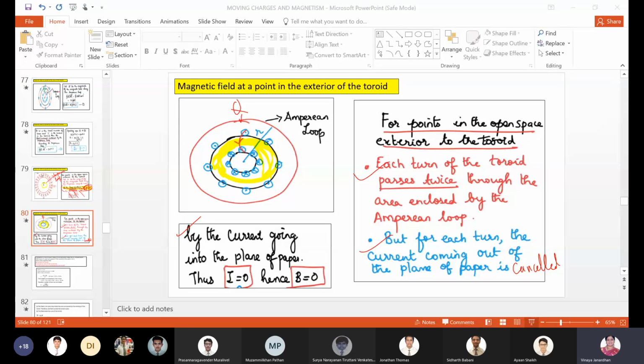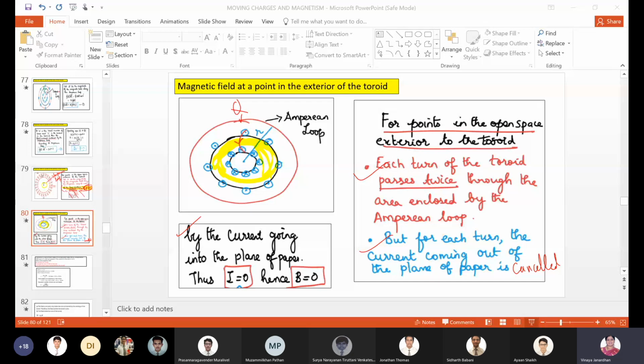Here you can see each turn of the toroid, meaning the turns of the insulated copper wire, passes twice. Passes twice means what? Imagine you're looking at the cross-sectional view of your toroid, keeping the toroid on the plane of your monitor. Each turn is a circular turn. The first half of the turn is coming outward, and the second half of the turn goes inward, into the plane of your monitor.